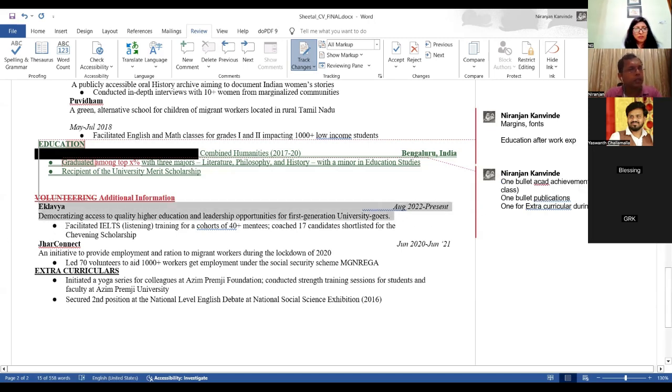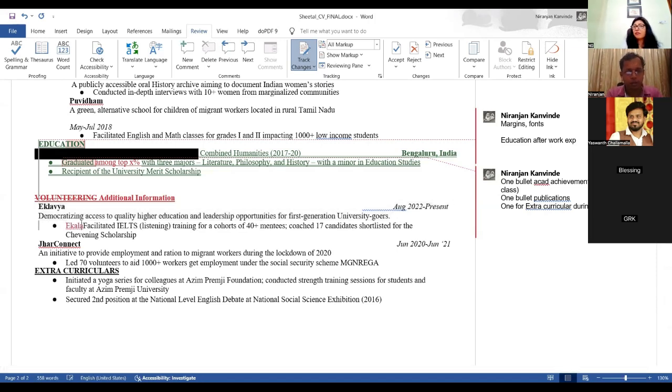You may say here, NGO Eklavya, or the initiative name, and then describe what Eklavya is. Is it an NGO? I'm just assuming it's an NGO. Yes, it is. Okay, NGO Eklavya.